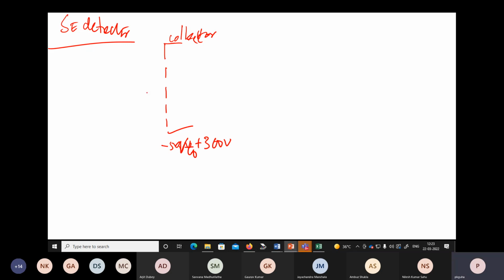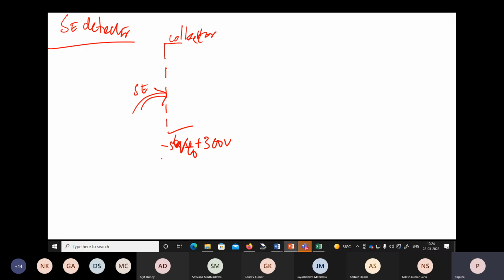This small voltage will be good enough to collect secondary electrons. The collector will attract the secondary electrons. You can vary this voltage so that you can control the amount of secondary electrons coming out from the sample.